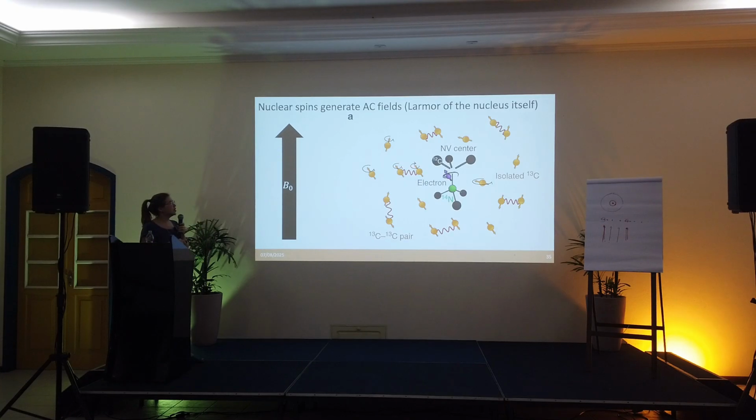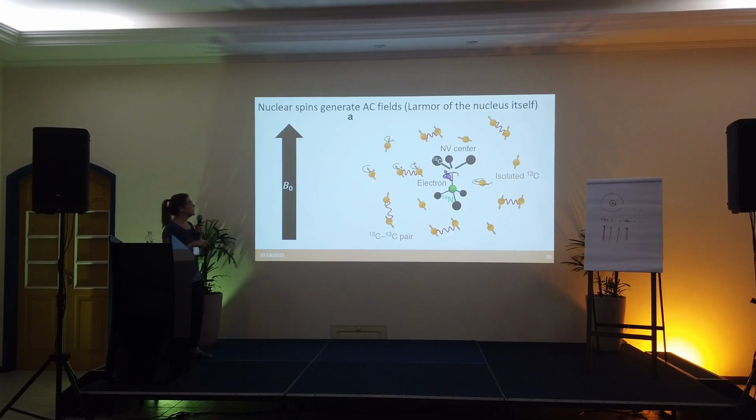So each of these carbons will evolve, if I apply a magnetic field, with its own precession rate that depends, first of all, on its nuclear Zeeman interaction, but then also on how strongly it interacts with this electron spin. So each of these carbons has its own evolution timescale, right?